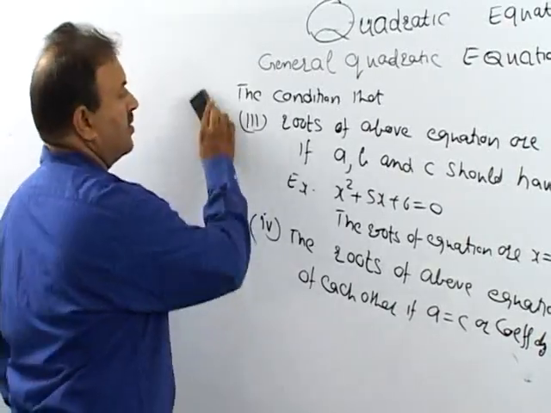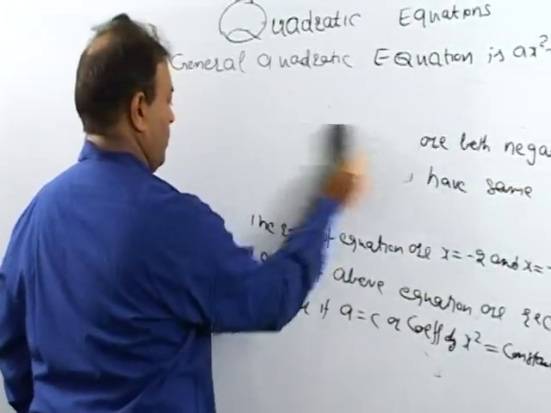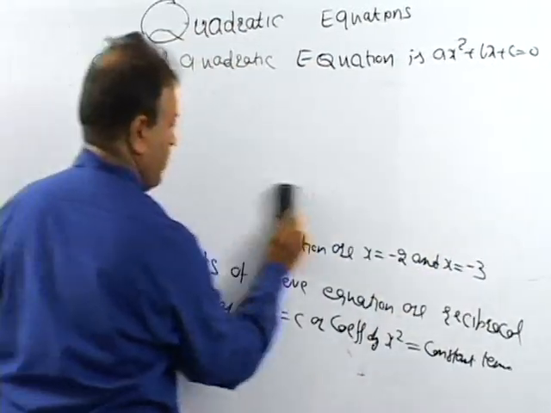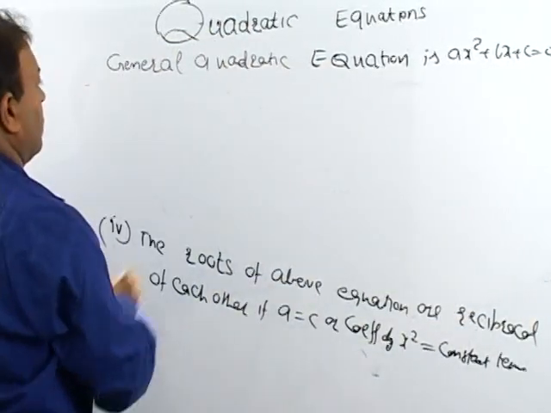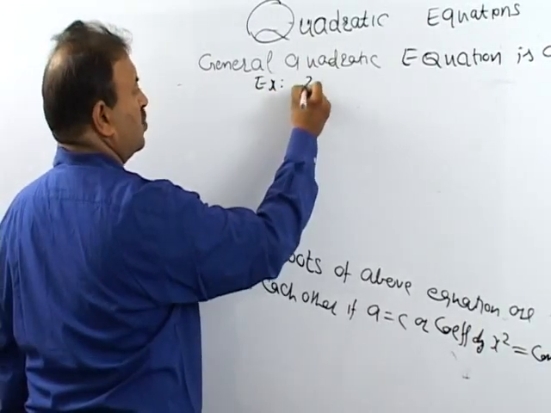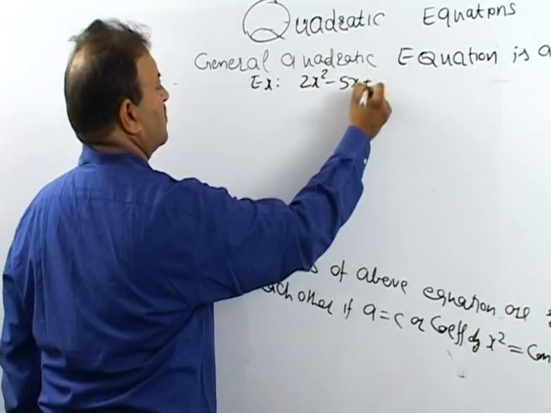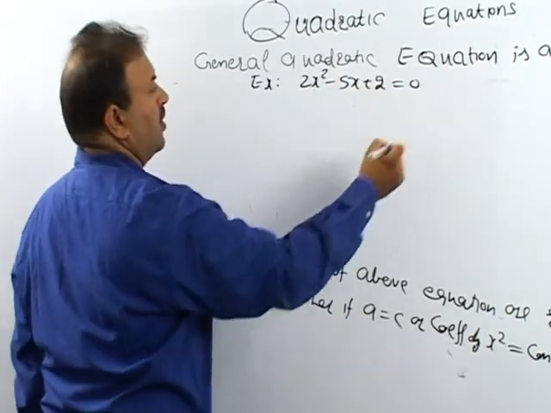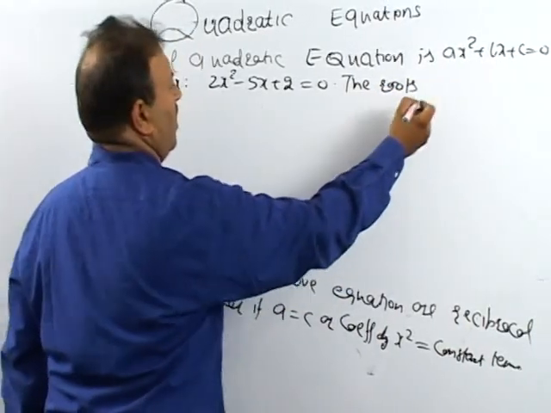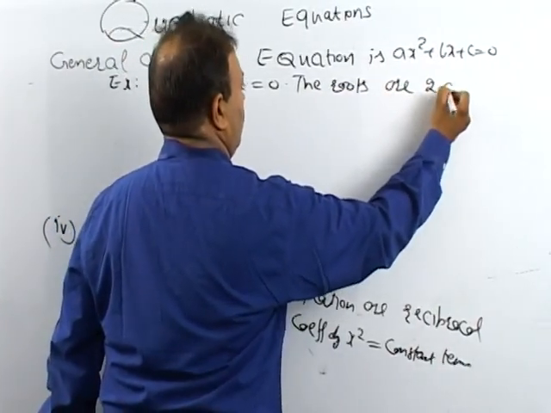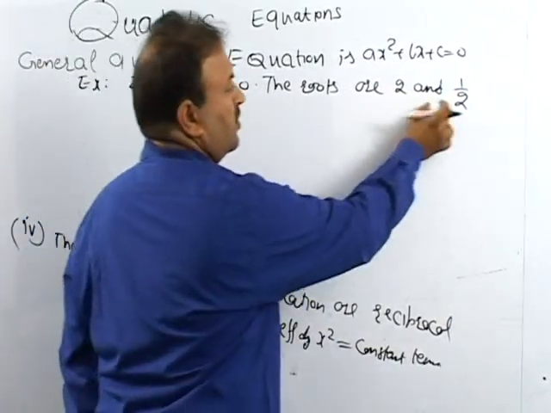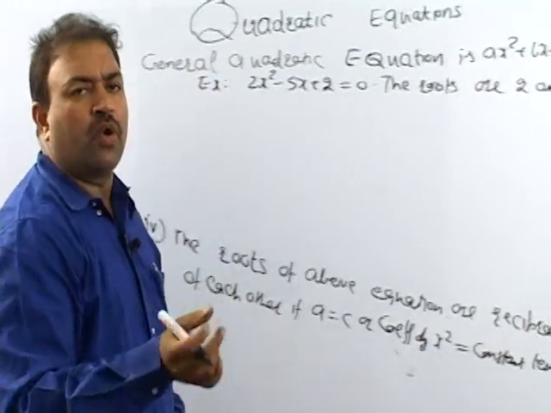Example is 2x square minus 5x plus 2 is equal to 0. The roots of this equation are 2 and 1 by 2. They are reciprocal of each other.